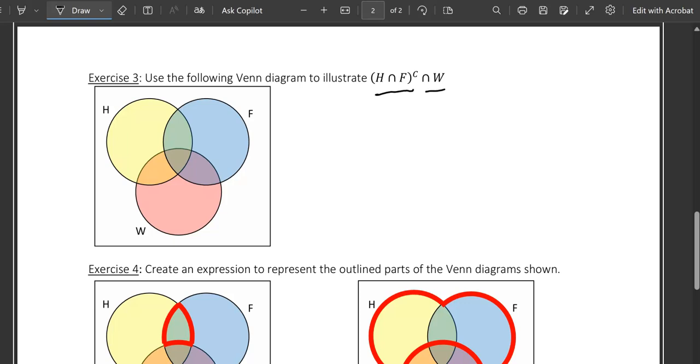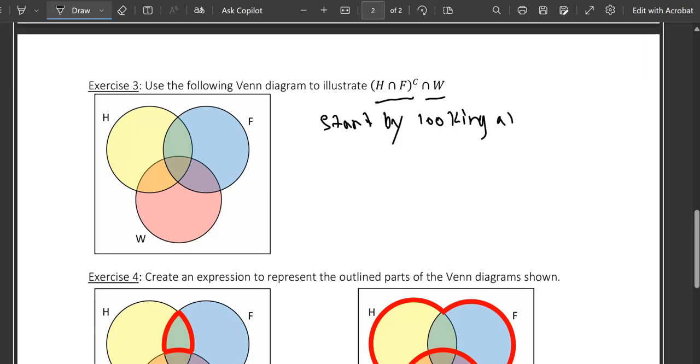So let's start by, this is important note taking, looking at what is H intersect F complement first. Okay, let's do that first.